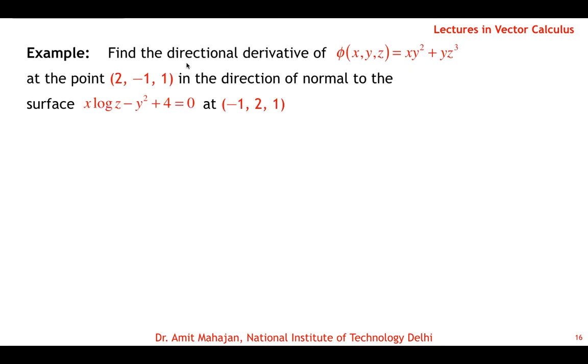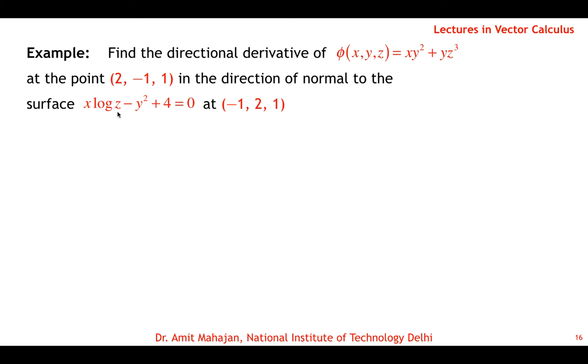Take another example. Say find the directional derivative of this surface at this point in the direction of the normal to another surface at this point. So we have to write the directional derivative of this, gradient phi at this point, in the direction of the normal to this, so we have to find a vector which has to be normal to this.